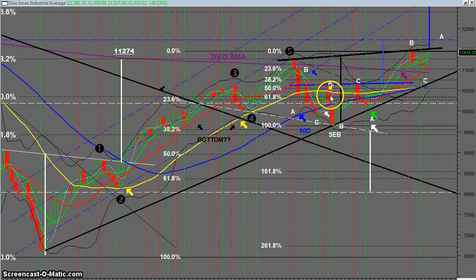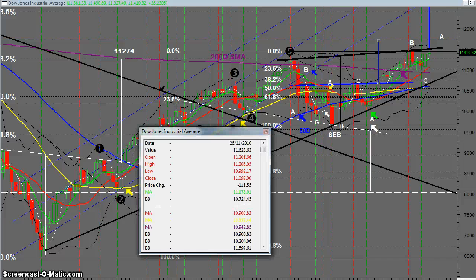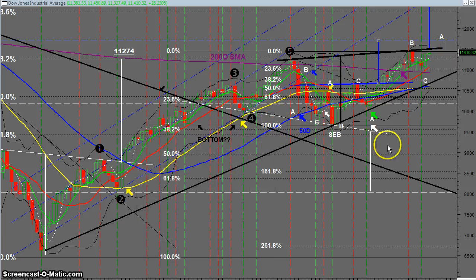Yeah, and that was the bottom. So that's the breakout. Now inverted head and shoulders is really good at getting their targets. So that blue line right there, and I just can't see what that is at the moment, is a value of 1100.722. So we'll just bear that in mind.